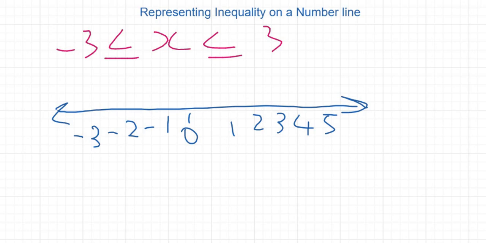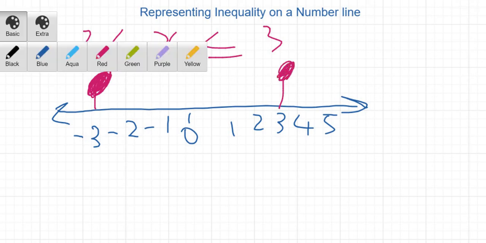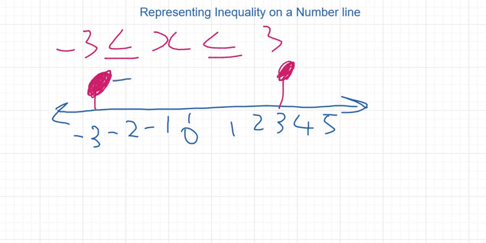So let us look at it. It is actually bounded. It will be at -3 right here, closed, because it is equal or greater than it. And then we'll go to 3 here, and it will actually bound here. And so we'll actually draw this line.